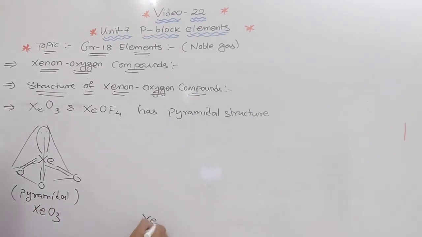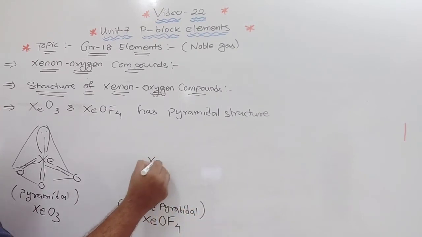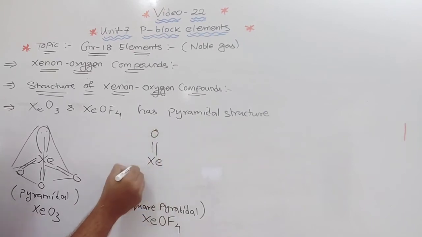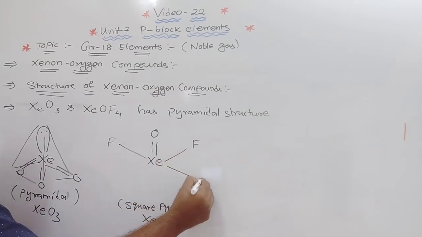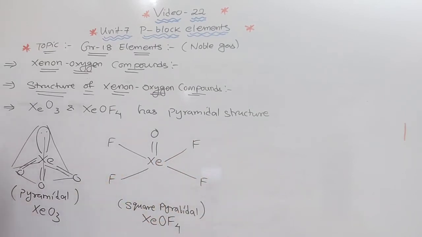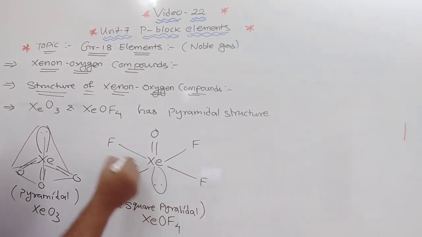Same way when we draw XeOF4, it is square pyramidal. Now Xe, here double bond O, and then here F and F. Then one lone pair is left out, that will come here.